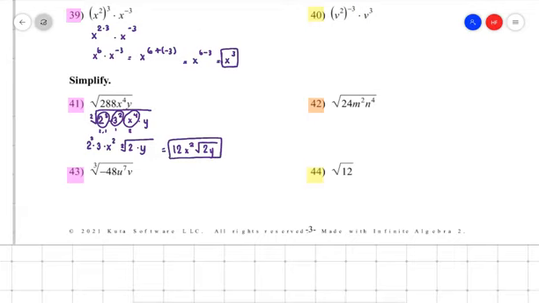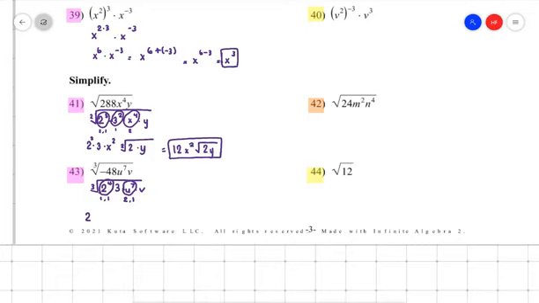And the next one, now we've got a cube root of negative 48, which is 2 to the 4th times 3, and we've got u to the 7th times v. So anything with a power of 3 or greater, 4 divided by 3 is 1 with a remainder of 1. 3 isn't large enough. 7 divided by 3 is 2 with a remainder of 1.